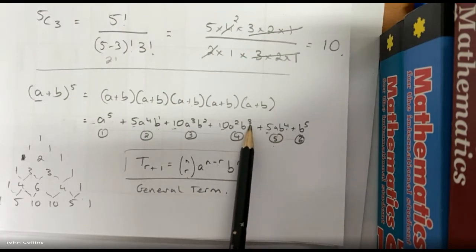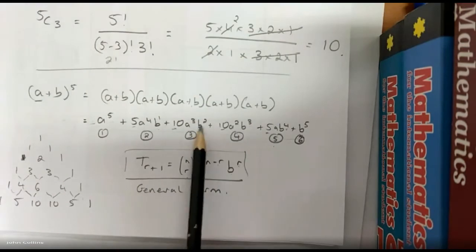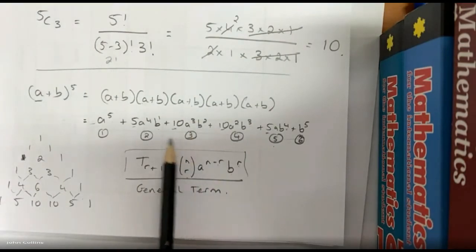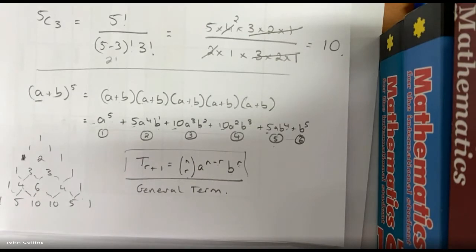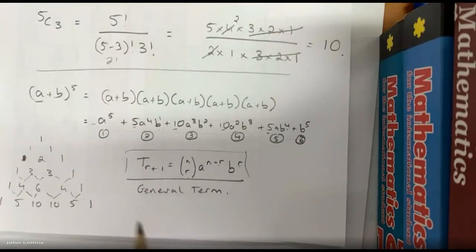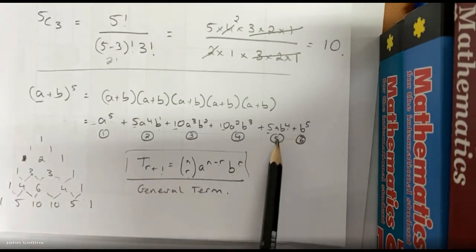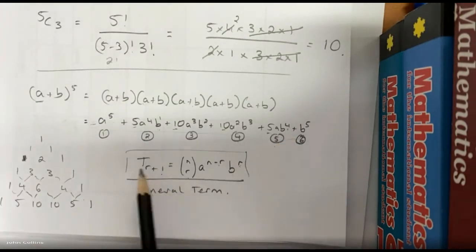R is 3 in the fourth term, r is 2 in the third term, r is 1. So it's 1 behind. And that's why this is the T r plus 1 term, not just the T r term, because the r is 1 behind here.